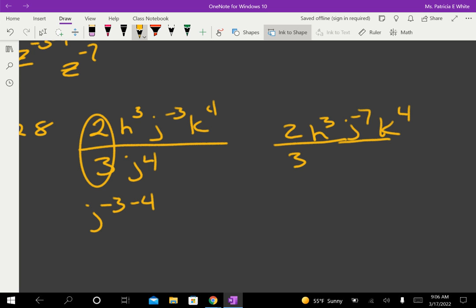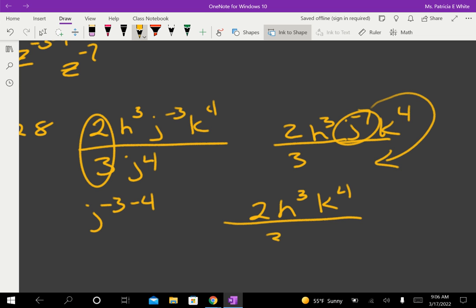All right. Only one negative, so that's got to move. So I have 2h to the third, k to the fourth, over 3j to the 7th. I'm sorry. No, this was not j to the fourth.